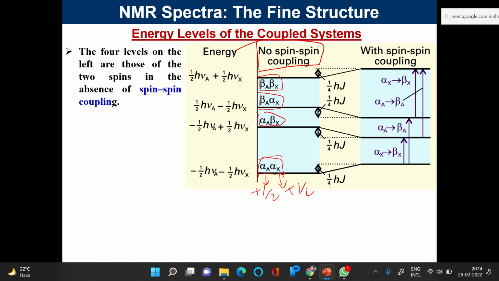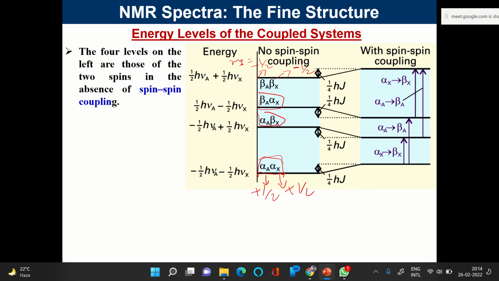And when beta beta, we are talking about both having minus half ms spin values, or rather we write mI for the nucleus, so we can subscript mI. So both are having minus half. So this is the situation at the extreme. This is what we have in absence of spin coupling.